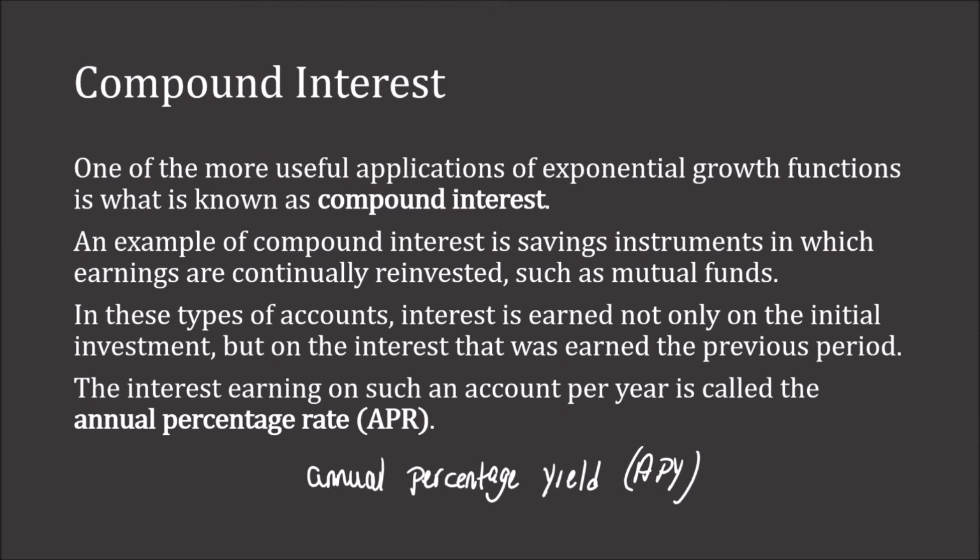So the annual percentage yield refers to investments such as mutual funds, where the interest you earn varies per period, right? So they use an average of the annual yield.